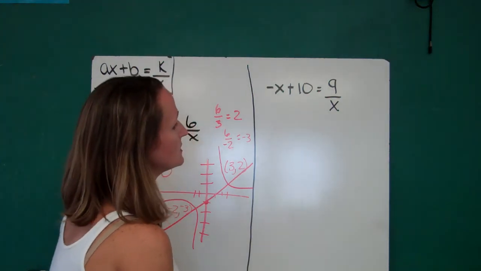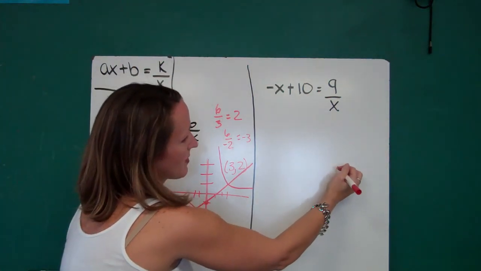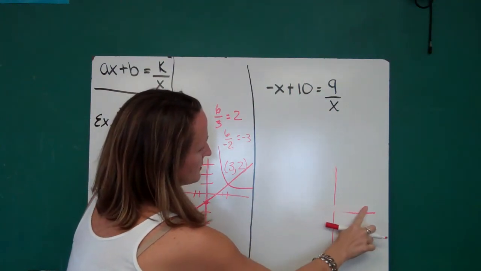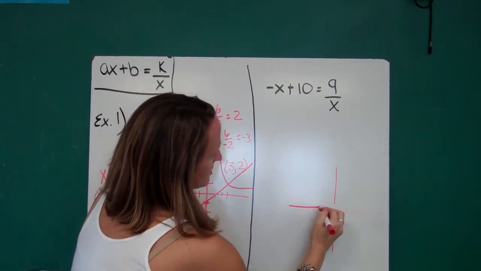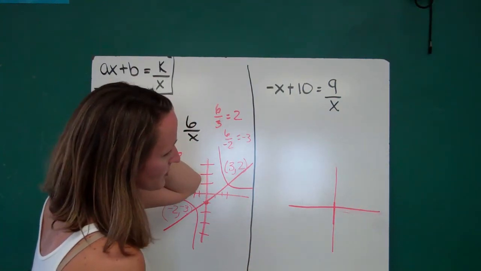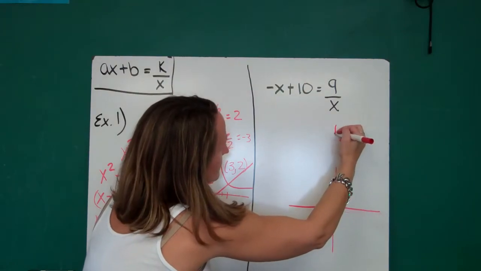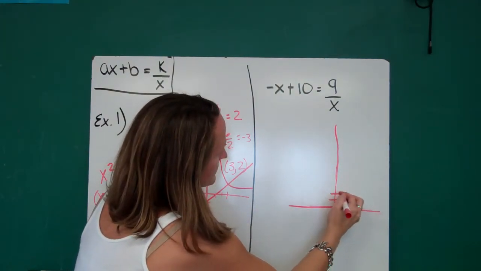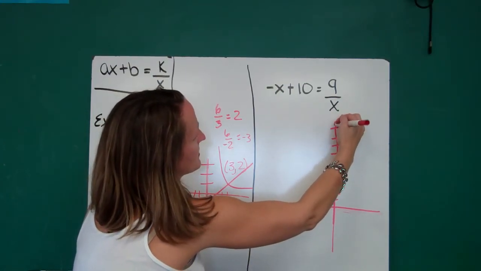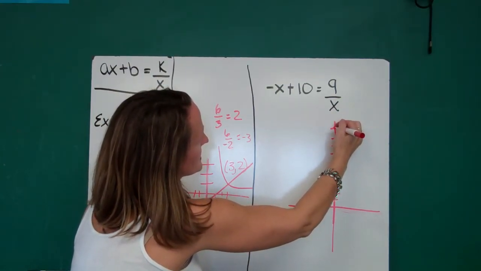So when we graph, let me redraw that. That was really pitiful. There. Okay, we have a negative slope, and it goes way up. Way up here. So it's going to cross here.